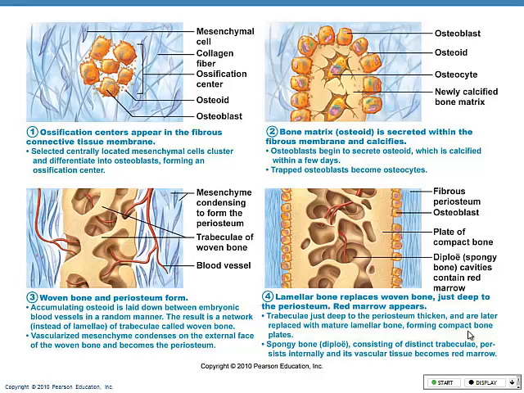The inorganic materials, which is about 65% of the mass of a bone, is also very important. And we talked about those already. Calcium, magnesium, phosphorus. They are very tightly packed and they are very hard and strong.